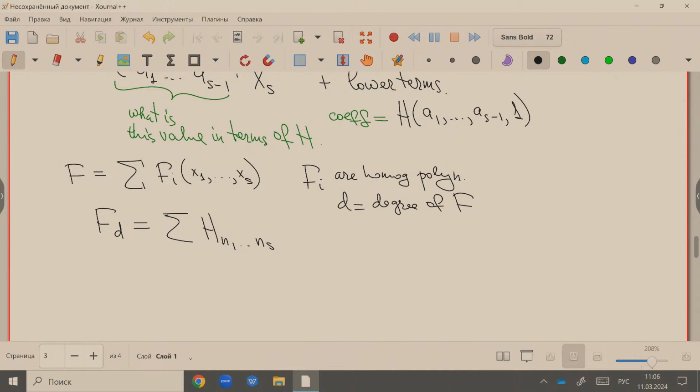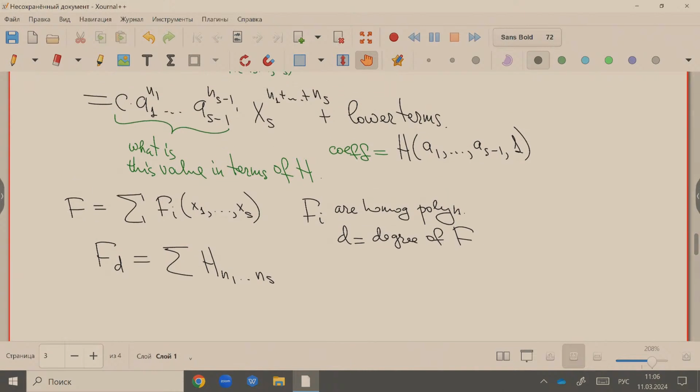So as a polynomial, all these monomials have the same degree. After this change of variables, they will have the same degree in xs, where you should calculate the highest coefficient.